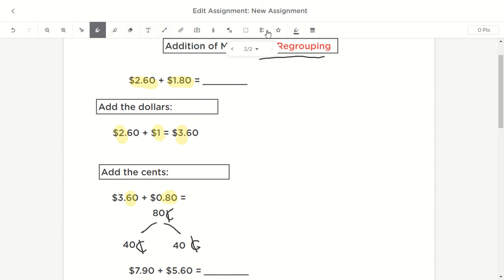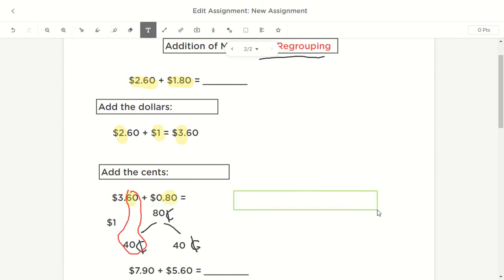If I combine these two together, let me draw nicely. You realize that 60 cents and 40 cents give you something. 60 cents and 40 cents actually give you the magic $1. These two will give you the magic $1, which is very easy to add. So what I'm going to do is split this 80 cents into 40 cents and 40 cents. Instead of just adding 80 cents straight, I will actually do this.